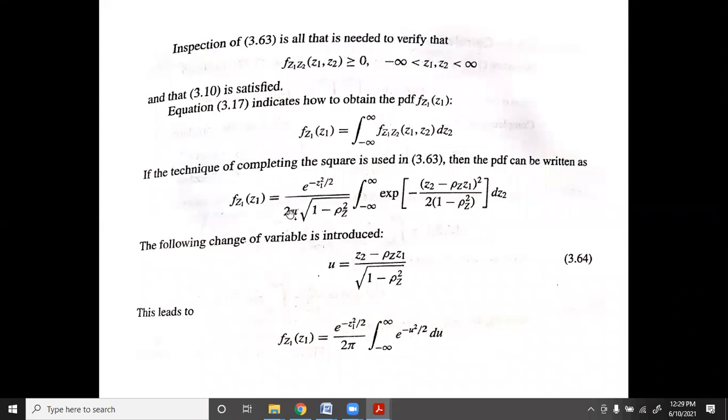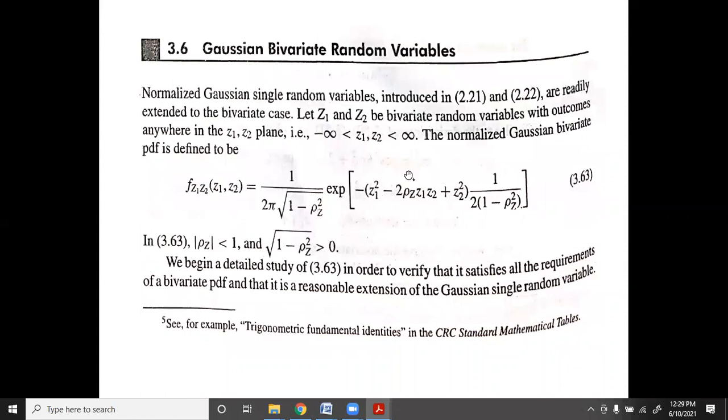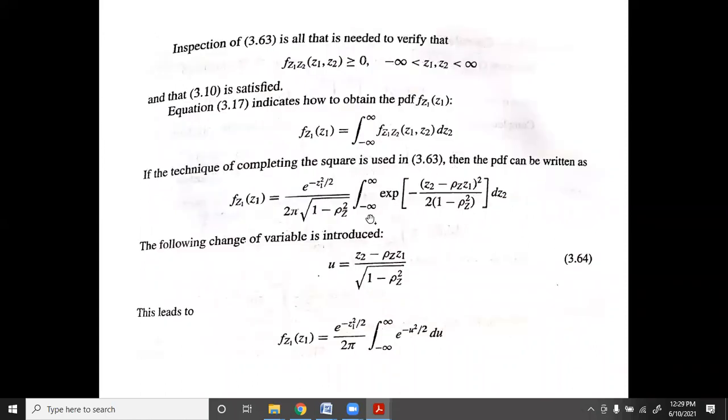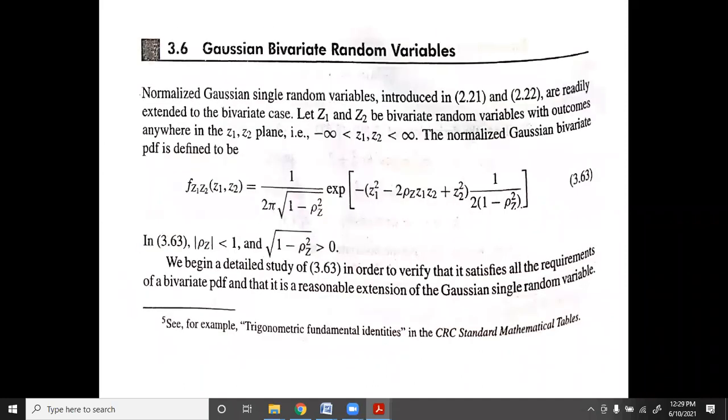To obtain this, we substitute whatever we have written over here, and then try to write it as a squared function. To write it as a squared function, this has to be replaced by two different terms, one of the terms being minus 2 z1 z2.